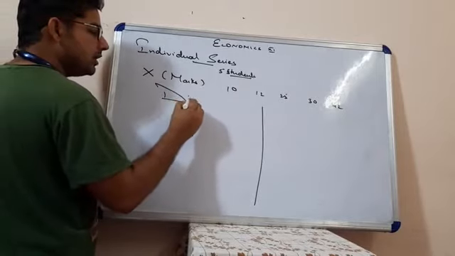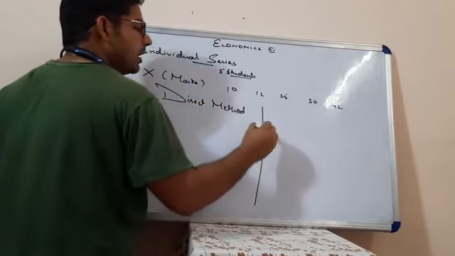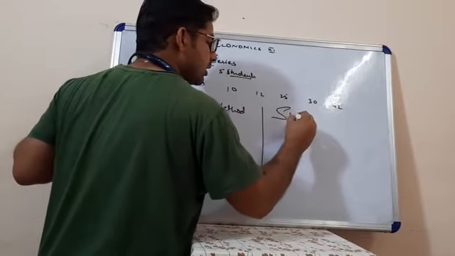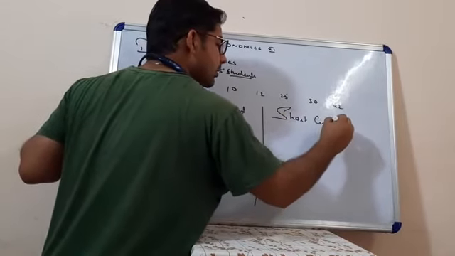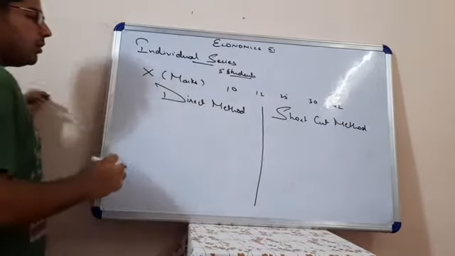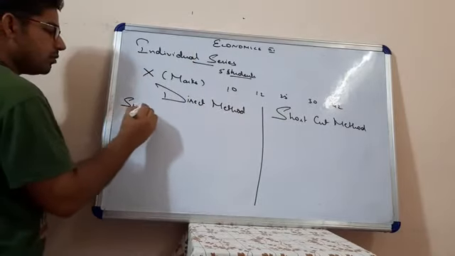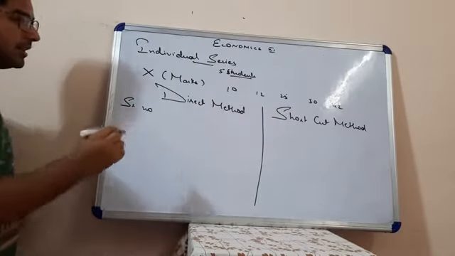In the individual series we can use two methods. One is the direct method, and the second is the shortcut method. When I talk about the direct method, take this series only. The first and foremost thing is to convert it into ascending order.